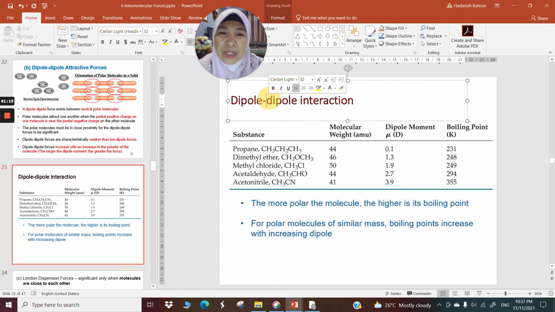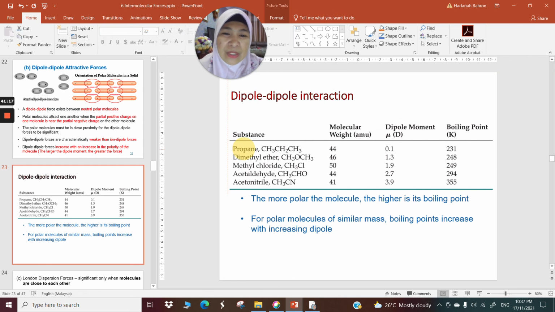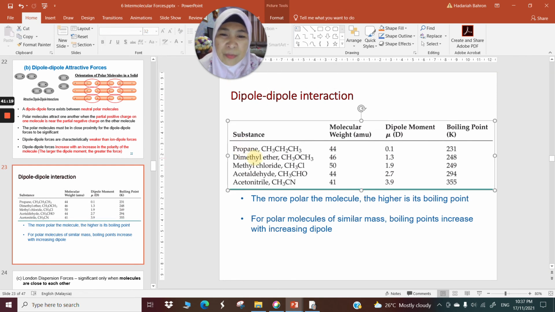So when you talk about dipole-dipole interaction, we're comparing between propane, dimethyl ether, methyl chloride, acetaldehyde, acetonitrile, looking at the dipole moment. You look at the molecular weight here, not quite the same, but they are of similar range. But the only difference is the dipole moment. As you can see, the higher the dipole moment, the higher the boiling point.